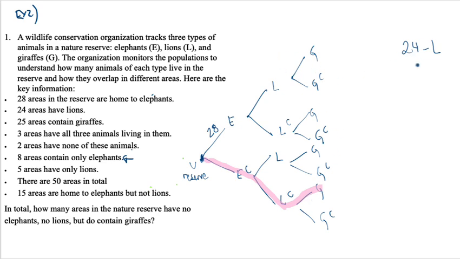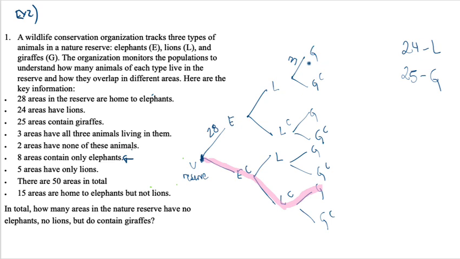But I'm just going to say, okay, there are 25 areas that have giraffe. I'm explicitly putting this information here so that I don't forget. Now, 3 areas have all 3 animals living in them. So 3 areas have elephant, lion, and giraffe. So this here is the number of this intersection, of this path, okay?